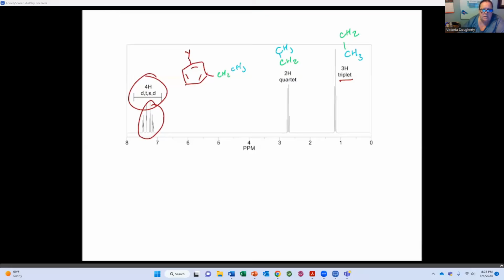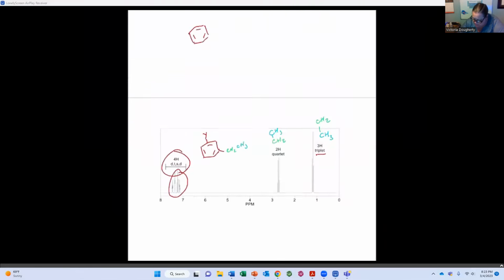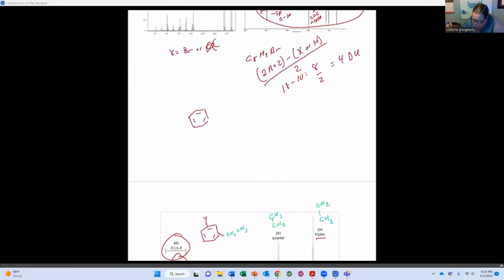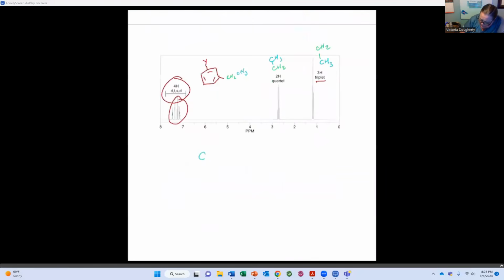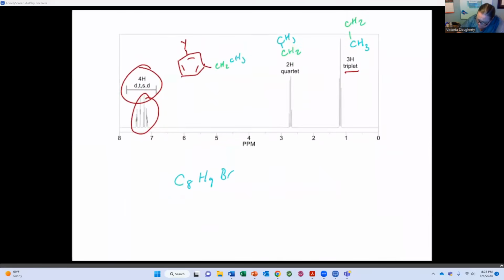All right. But some of them will be. And so something I would do is I would take my molecular formula, C8H9Br. And I would take what I've already figured out and I'd say, okay, I have 1, 2, 3, 4, 5, 6, 7, 8 carbons.